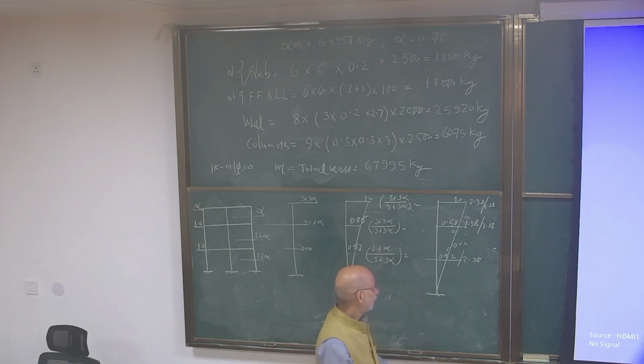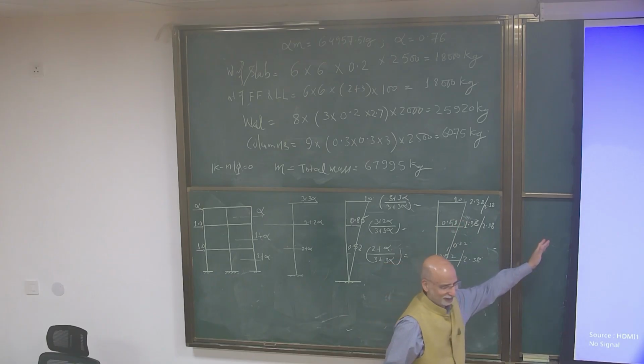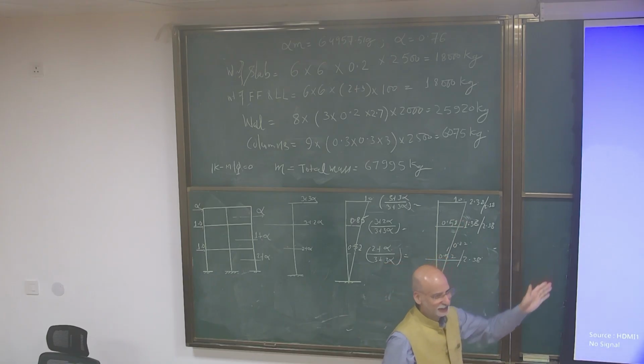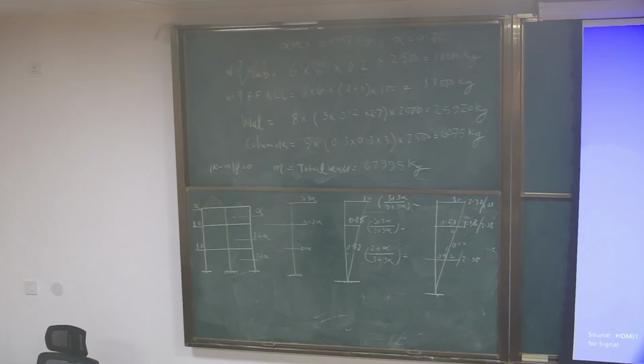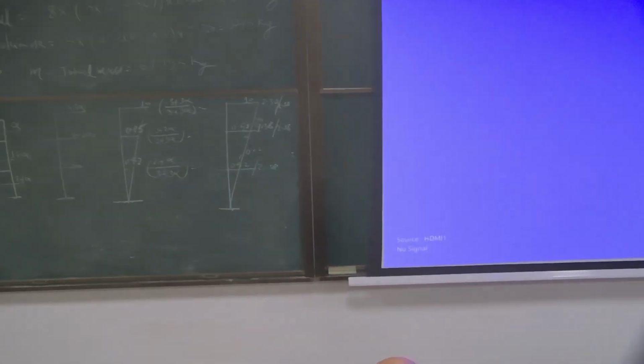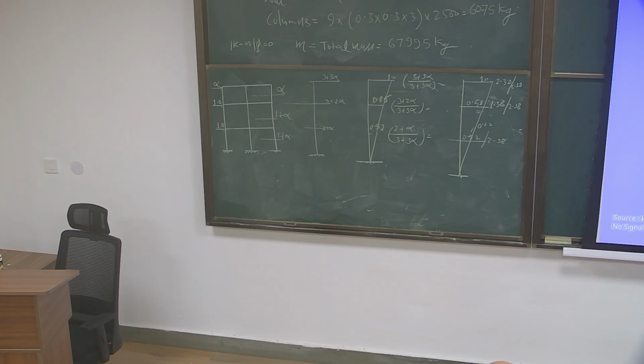So that means there is still a difference coming, so you can still go on iterating until the difference between the two numbers is very small. Then you can stop and say this is my fundamental mode shape. First mode is there. And why are we concerned with the first mode in a building?